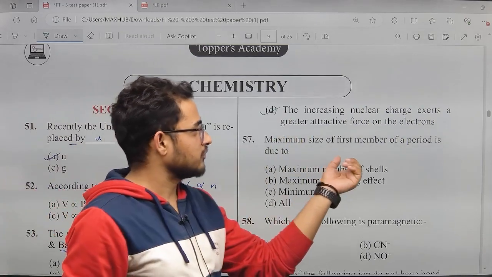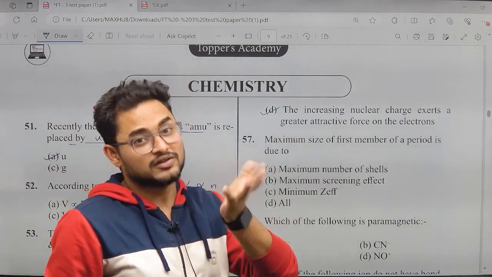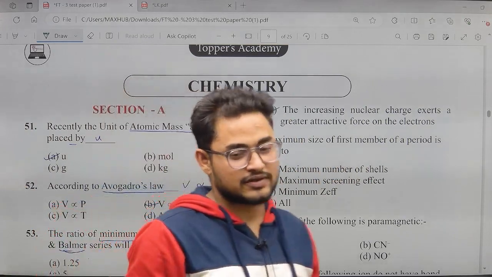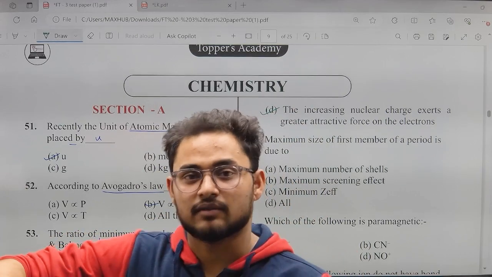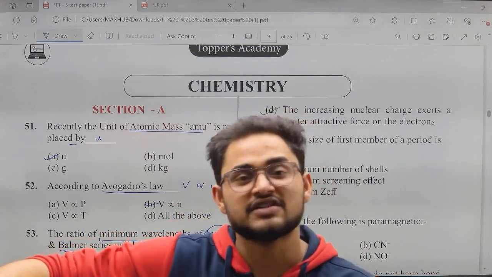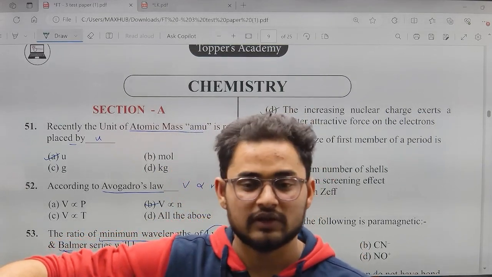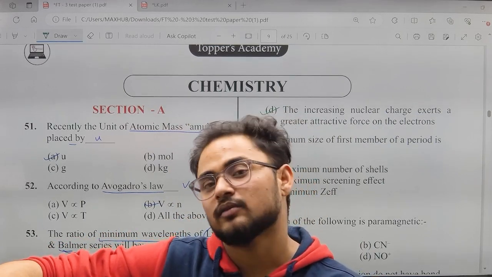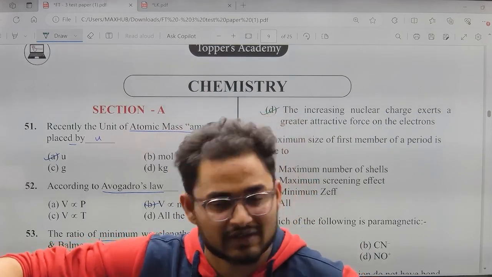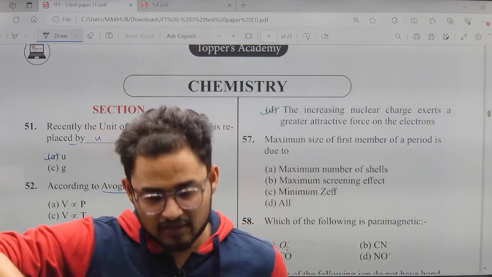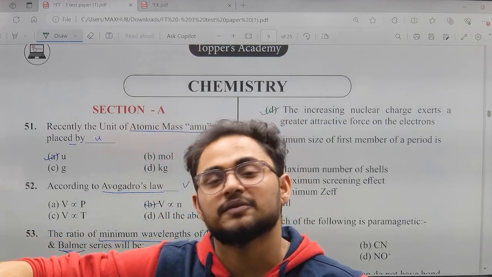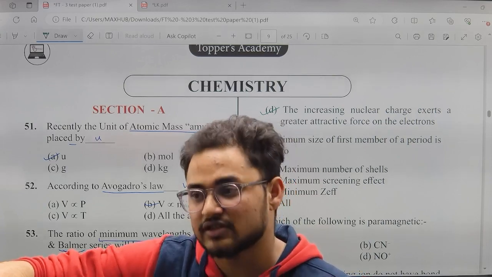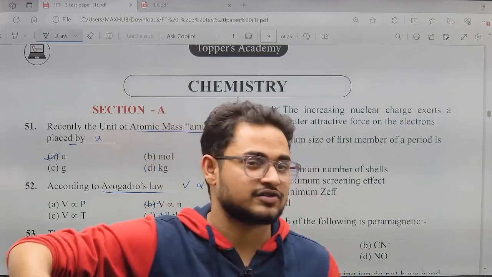Maximum size of the first member of a period is due to maximum size. We know that all the elements in a period have the same shell, but the first element has the least number of protons. As you increase the atomic number, the number of protons in the nucleus is going to increase. So the first atom in the period will have the least number of protons, that means the least value of Z effective, that means the highest size.